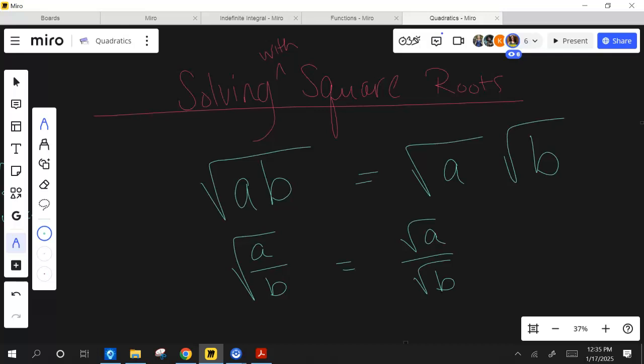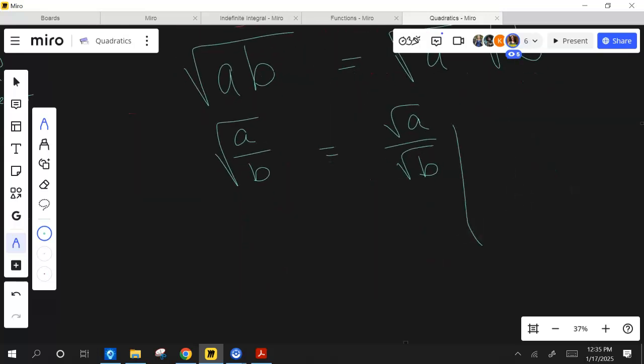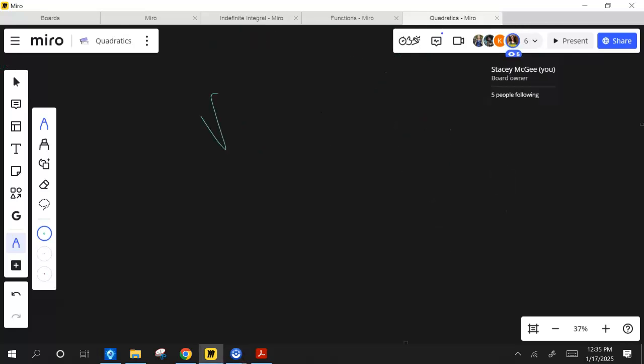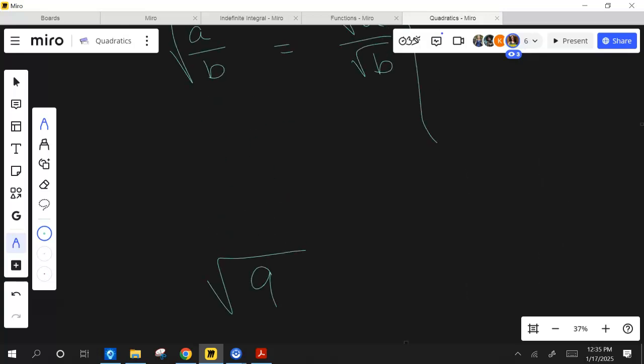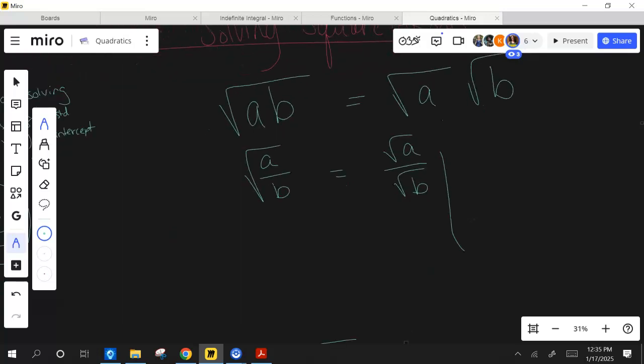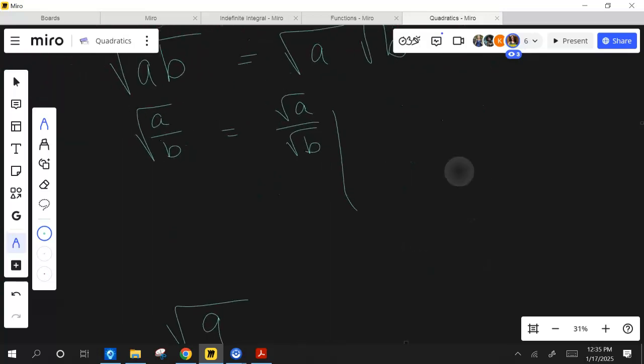And here's how we're going to do it. First of all, tell me what a square root means. What does a square root do? It has to be times by the same number. It's the opposite of squared.